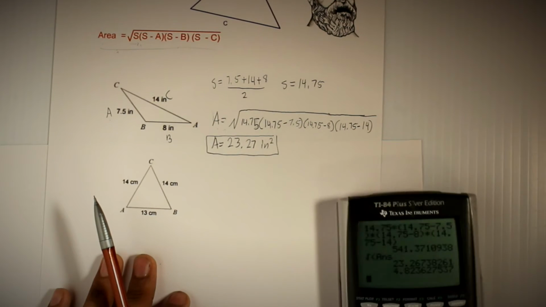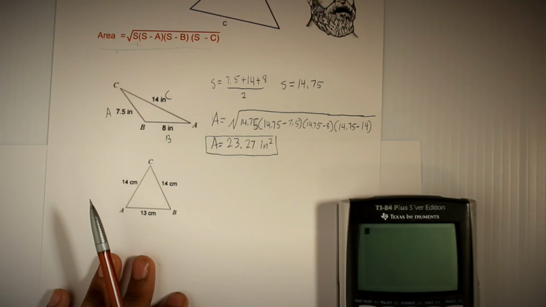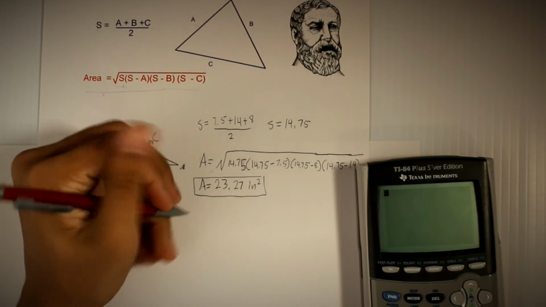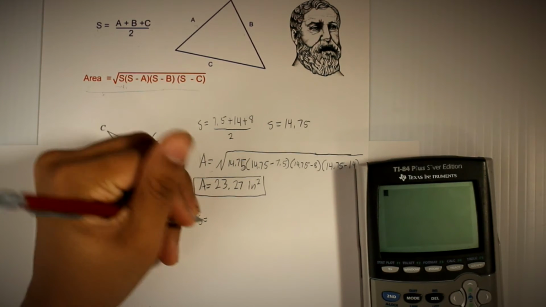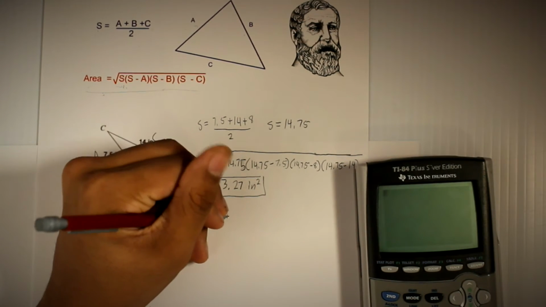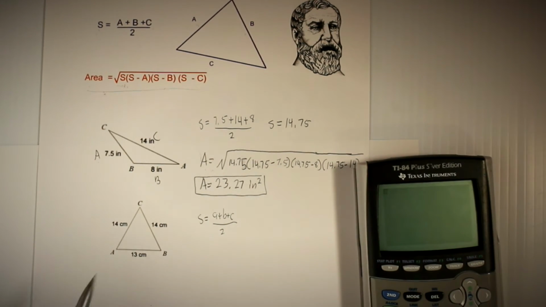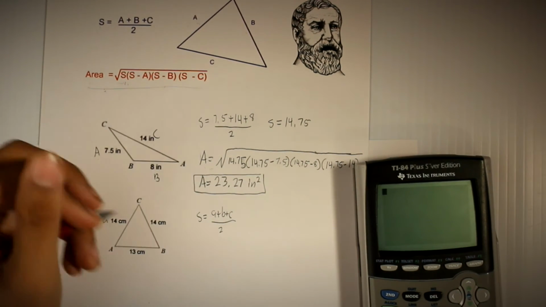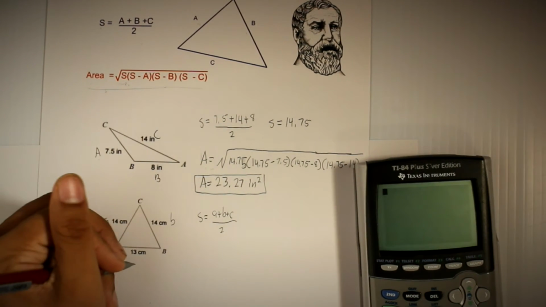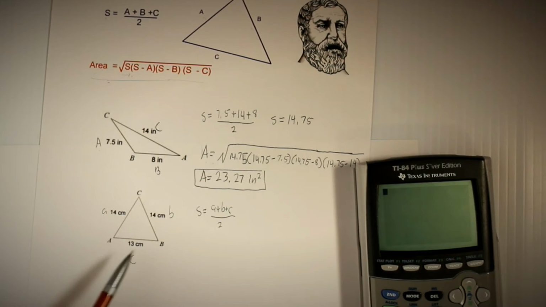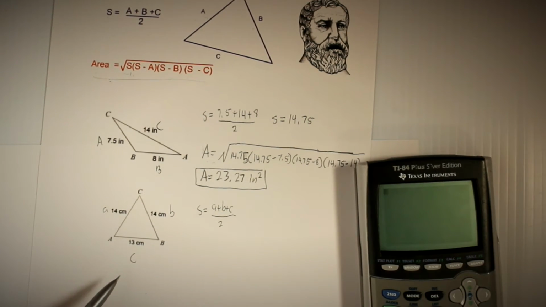We're going to do another triangle to show you how it's done. It's fairly simple again. We find S equals A plus B plus C divided by 2. We'll make this A, this B, and this C. So A and B are 14 and C is 13.